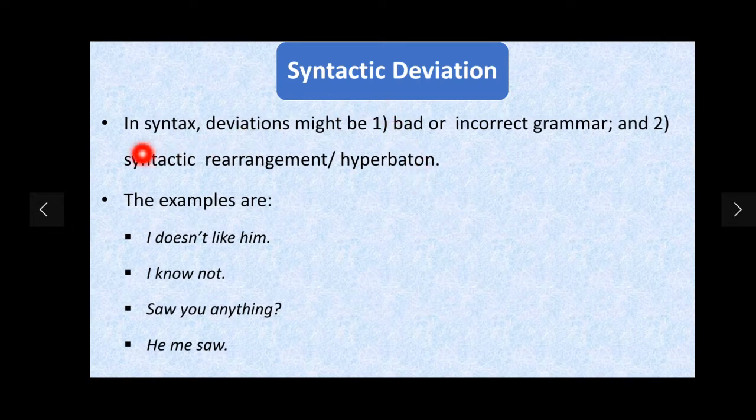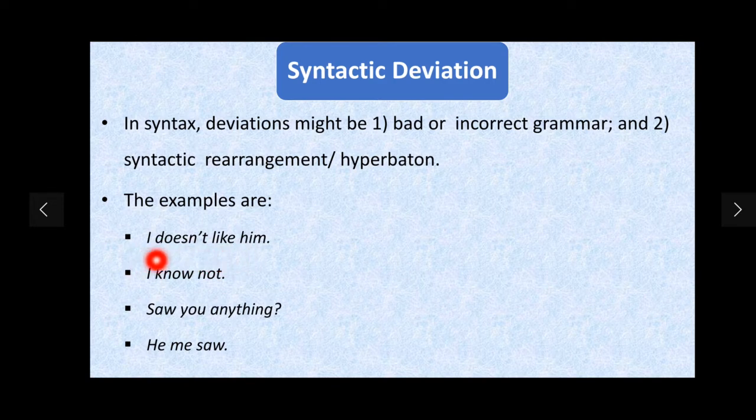Syntactic deviation. In syntax, deviations might be because of bad or incorrect grammar, or syntactic deviation might be because of syntactic rearrangement. Technically, we call it Haber-Pattern. For example, "I doesn't like him." The arrangement is fine. But here the problem is incorrect grammar, bad grammar.